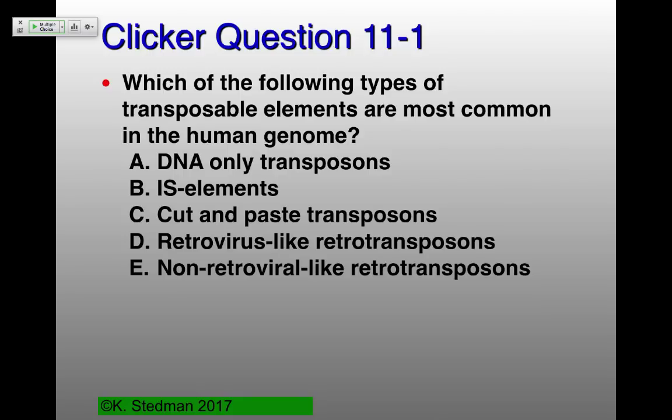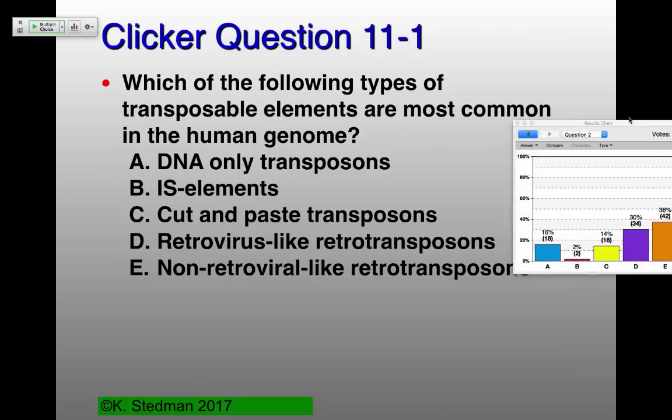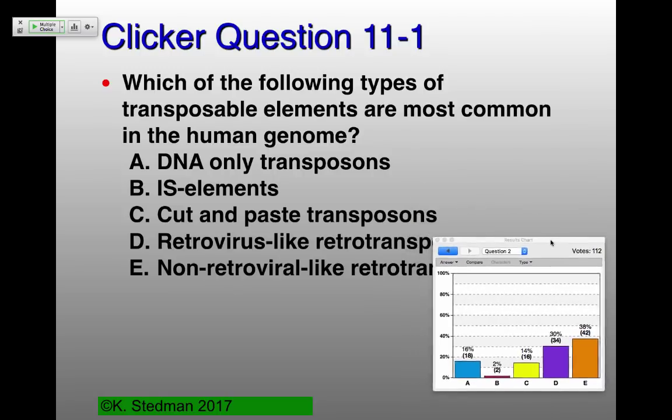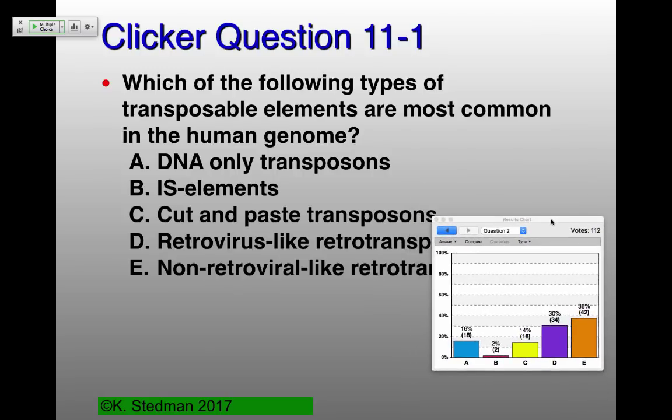Okay, we seem to be kind of divided on this one. Evidently, I didn't do a good job of telling you this, so you didn't remember, as the case may be. So pretty split across the board. It's definitely those retrotransposons.